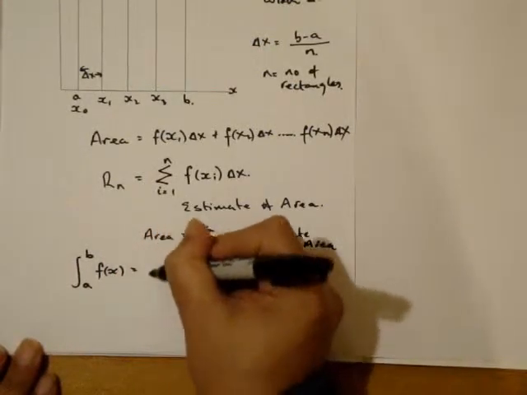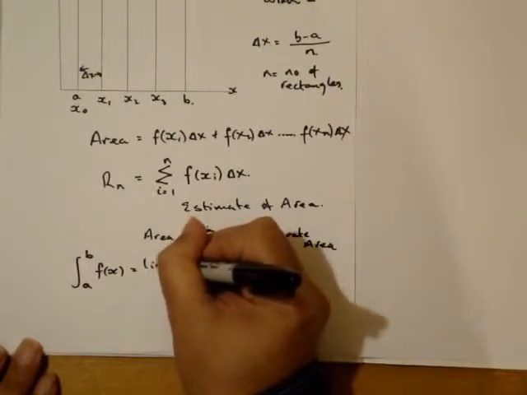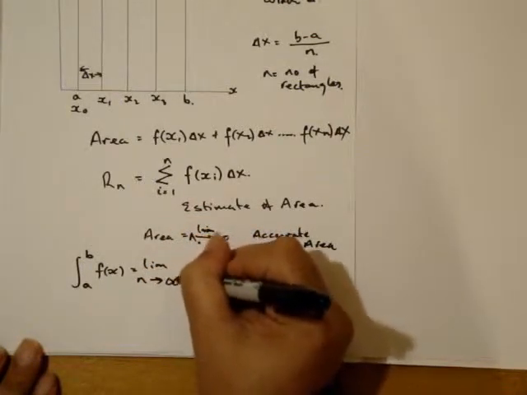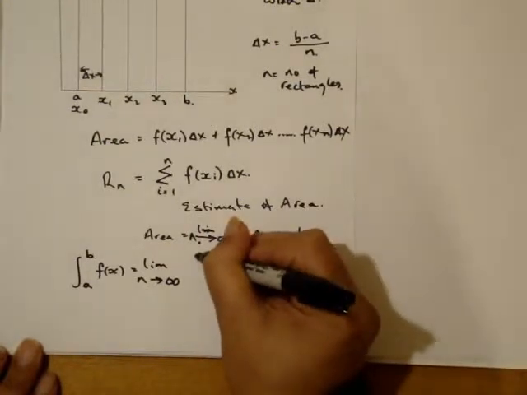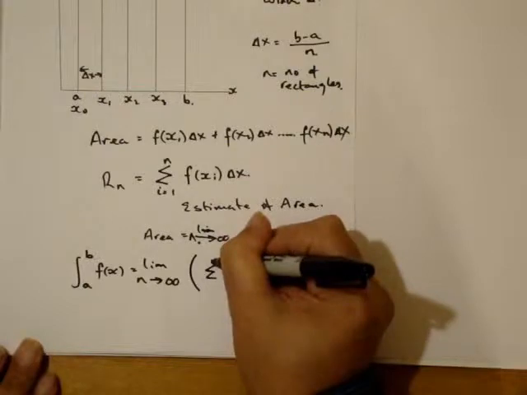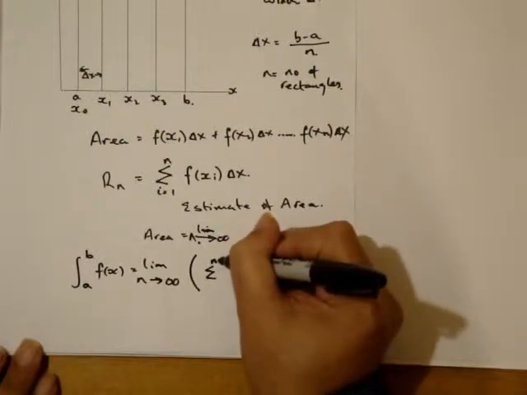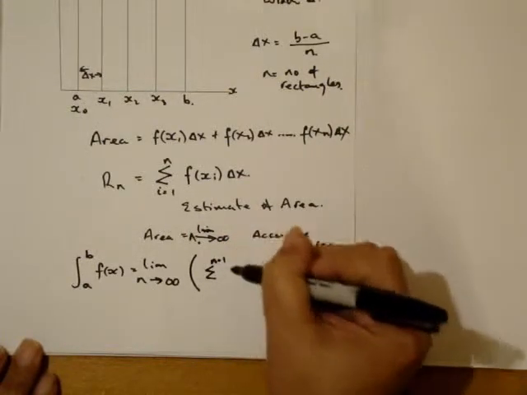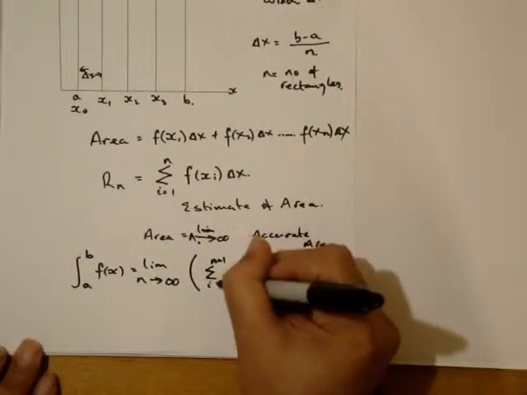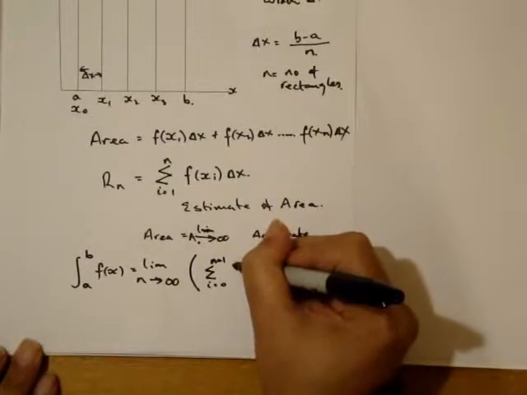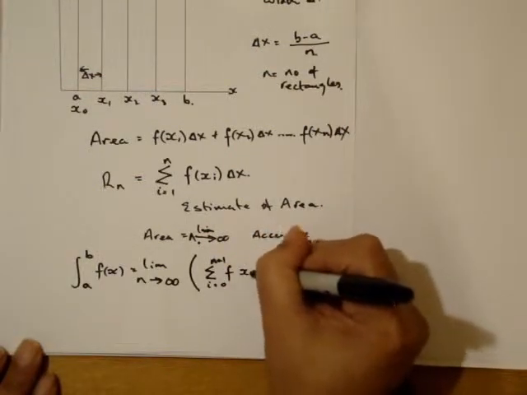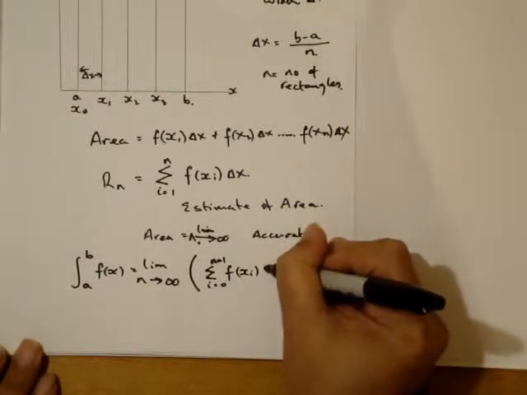This in fact is the limit as n tends to infinity of the sum from i equals 0 to n minus 1, for the left-hand sum, of f xi delta x.